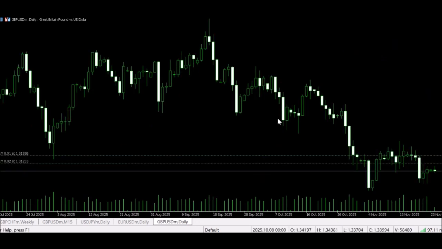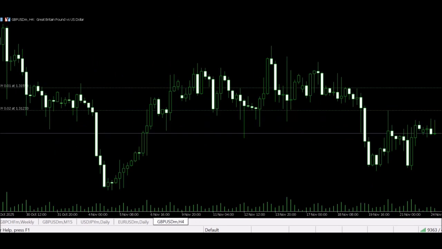On the daily, it's showing that it is going down, and the daily is just playing out what you have on the weekly. And there is another pin bar formed here, showing that the market is going to go up. So I am expecting the market to go up, but we need to wait and see, and plan our strategy as we want it planned out.